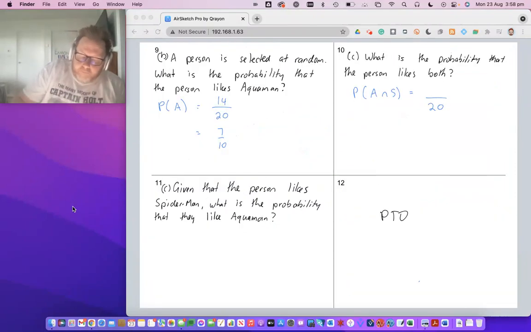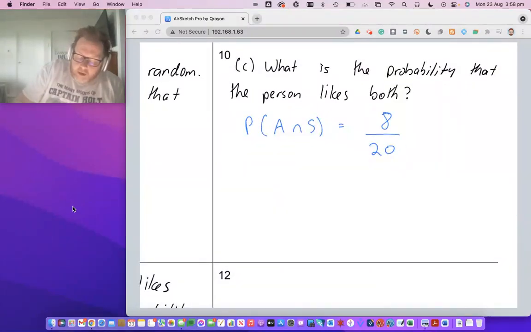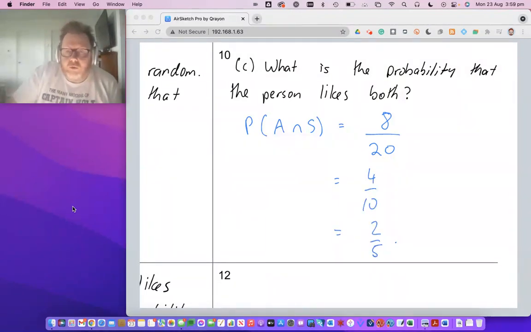So that's 8. And again, we can simplify that as much as we want to get our final answer. 2 out of 5 people like both. Okay, or to be more precise, it means if I selected someone at random from that group, what's the chances that I'll get someone who likes both? Well, there's a 2 in 5 chance, or a 40% chance that I'll pick someone who likes both.